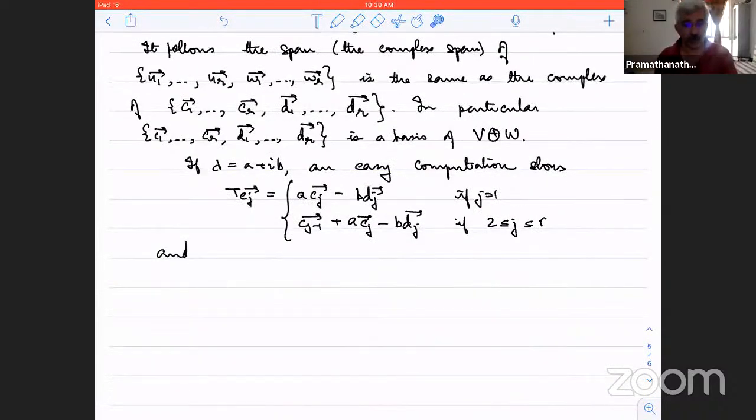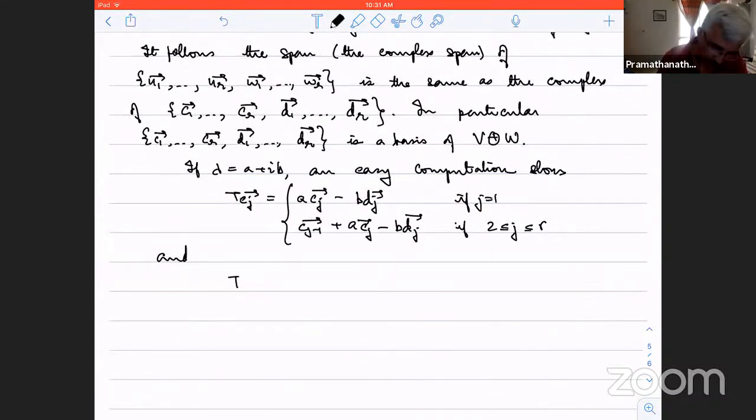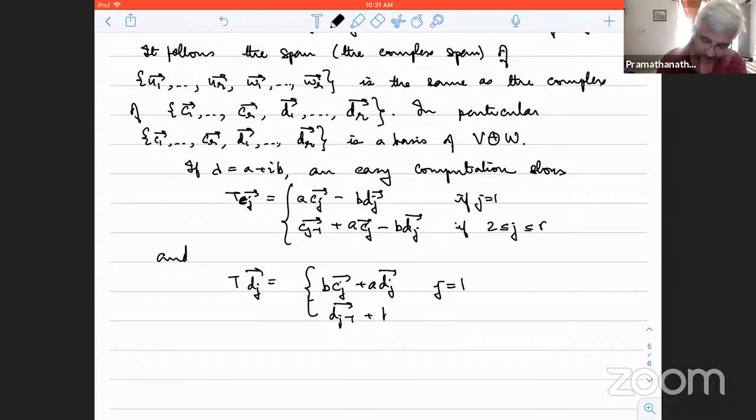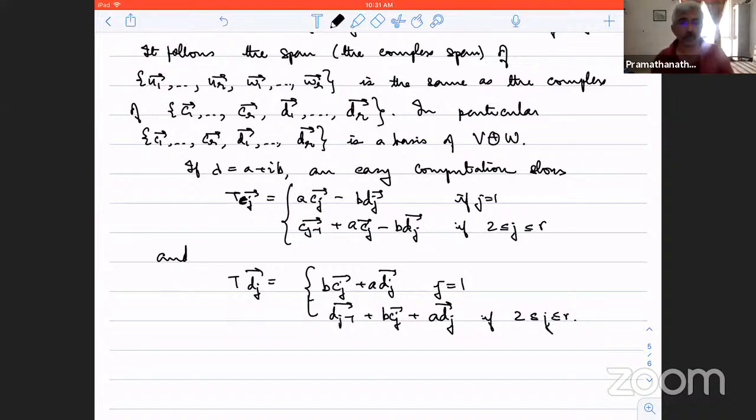And T of Dj is something similar: if j equals 1, it is equal to b Cj plus a Dj, and Dj minus 1 plus b Cj plus a Dj if j is between 2 and r. These are totally trivial to see.